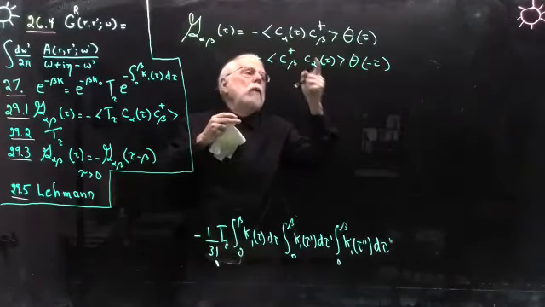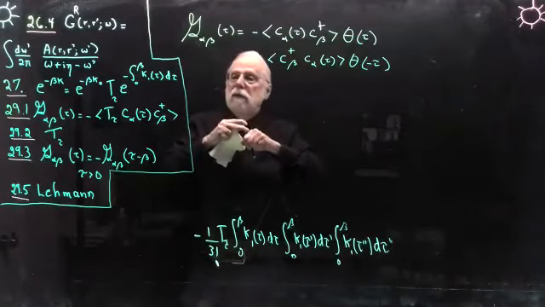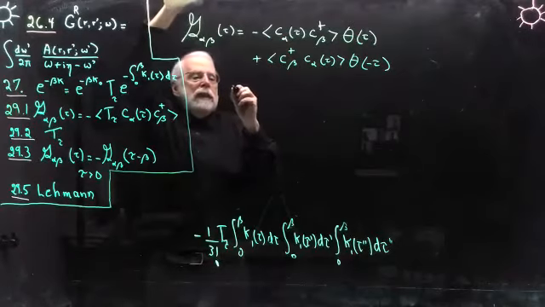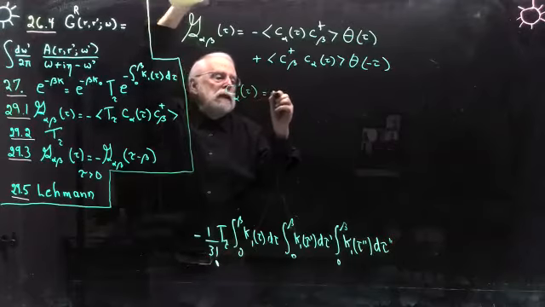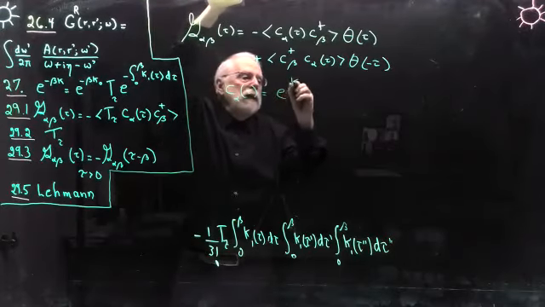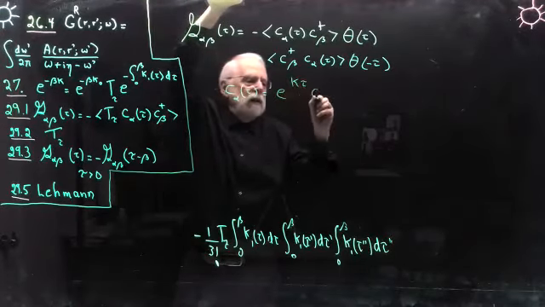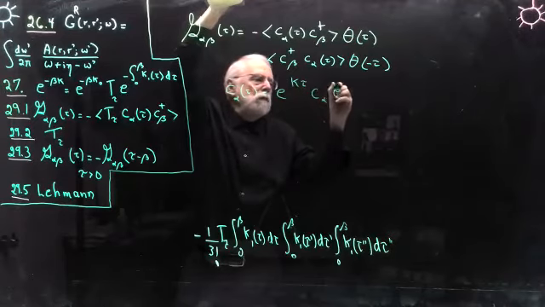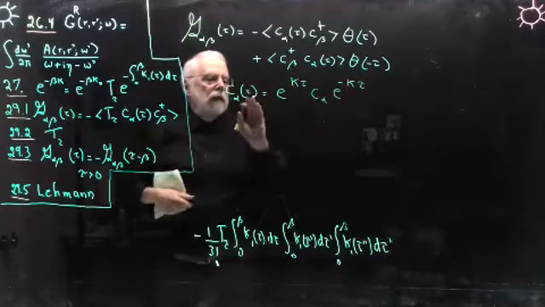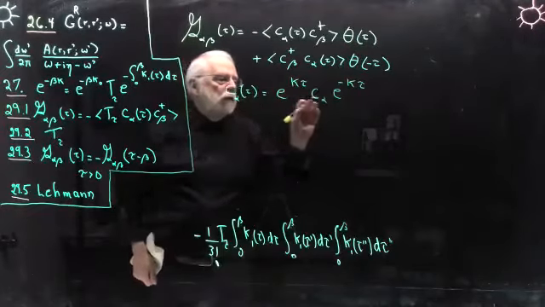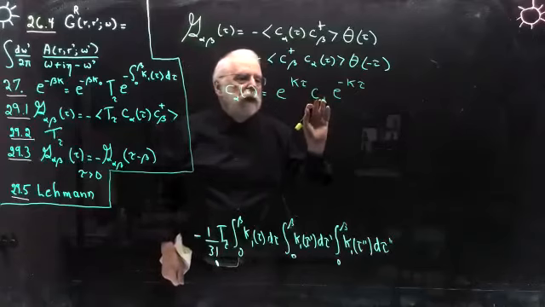Now, what do I mean by C alpha of tau? C alpha of tau is just e to the k tau times C alpha times e to the minus k tau, okay? So it's like the Heisenberg picture for this Schrödinger operator.